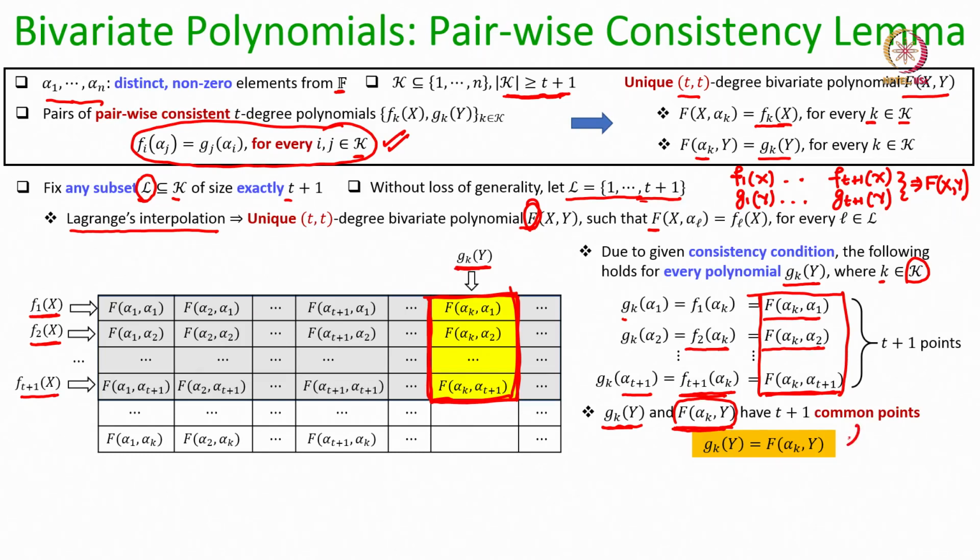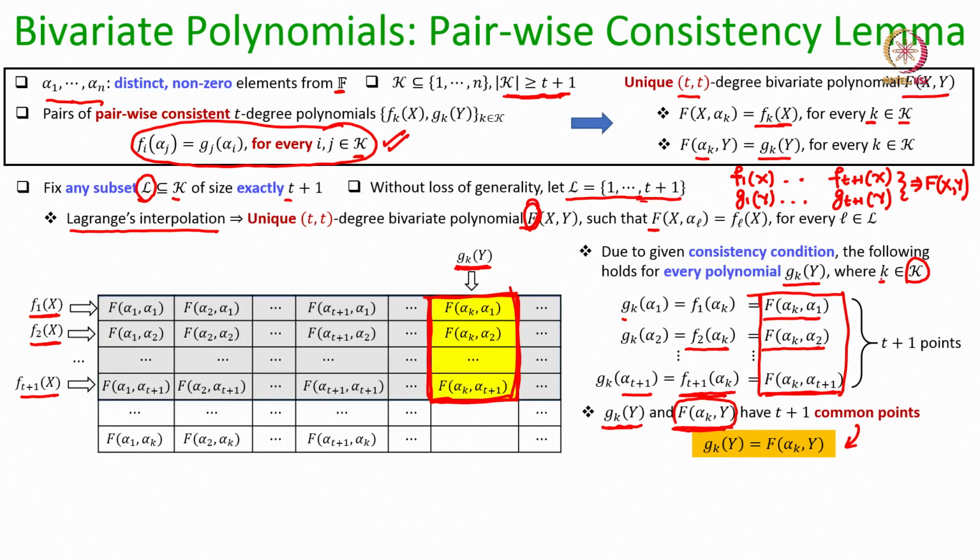Then it automatically implies that the kth y univariate polynomial which was given to me is nothing but the kth column polynomial of the interpolated bivariate.